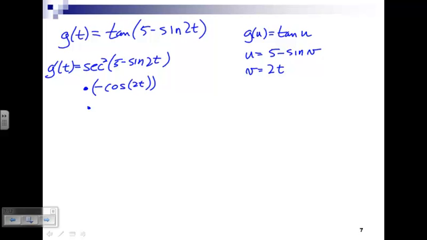I was thinking times 2. I did it right. And then times 2. Those are all being multiplied together. So Katie said the derivative of sine is just cosine.